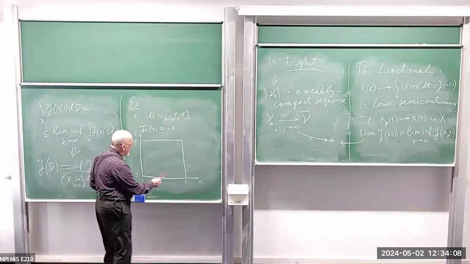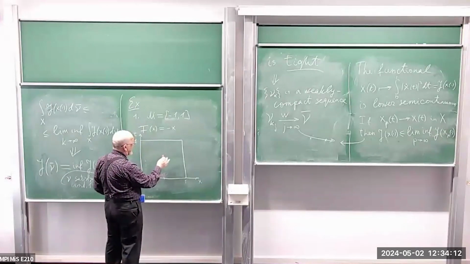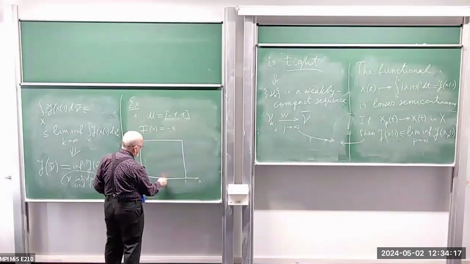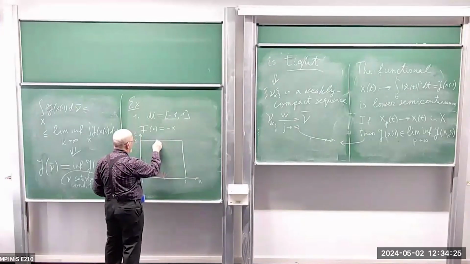Each particle is moving in some direction, as if here we have a quadratic potential. So if we start from here, it will move like this along a sinusoid like this.